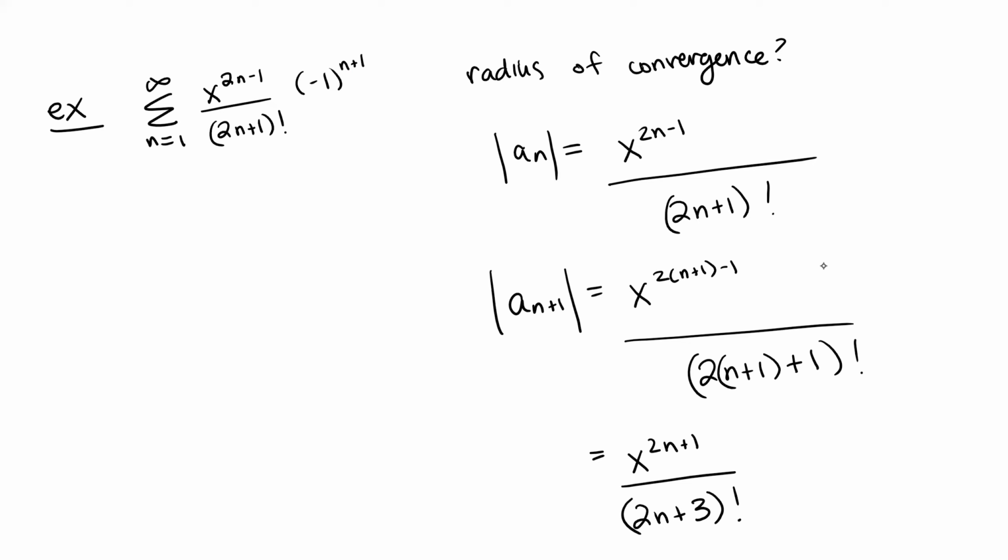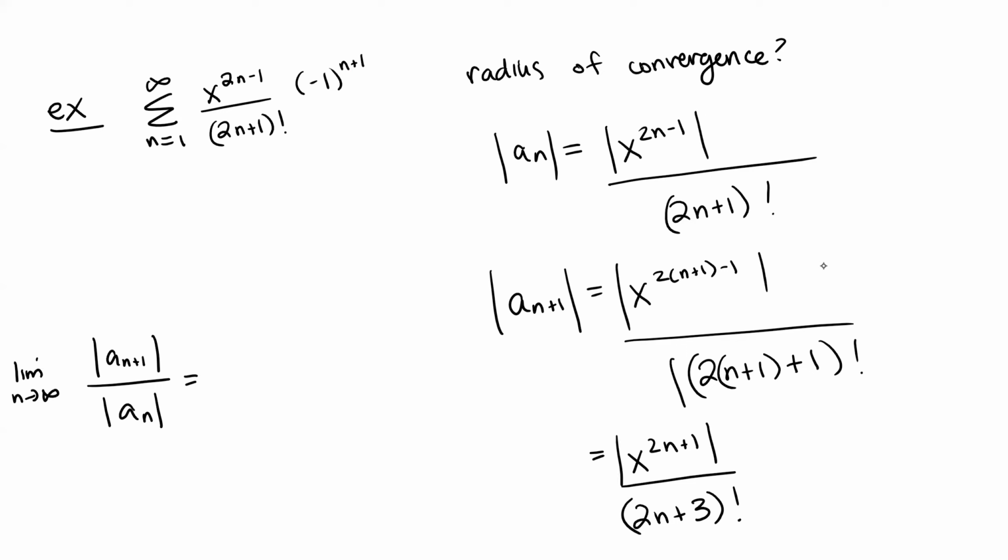Okay, so let's go ahead and use these bits to find the limit as n goes to infinity of the absolute value of a n plus 1 over the absolute value of a n. So copying it down, we've got absolute value of x to the 2n plus 1 divided by 2n plus 3 factorial.